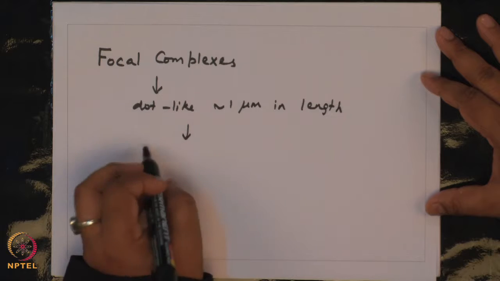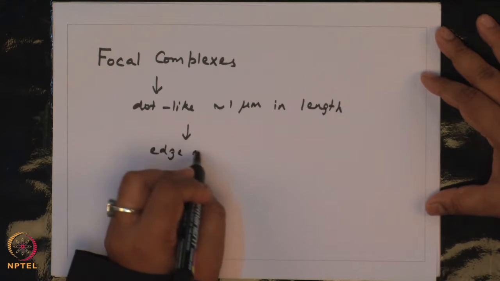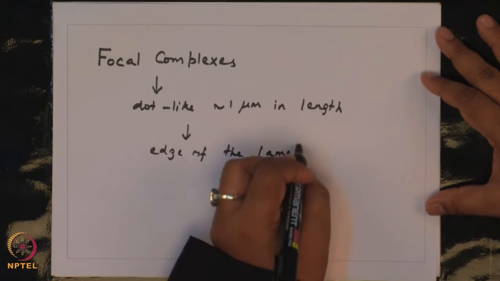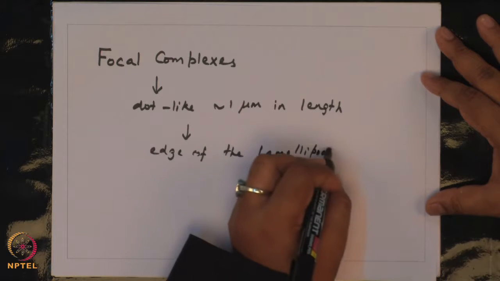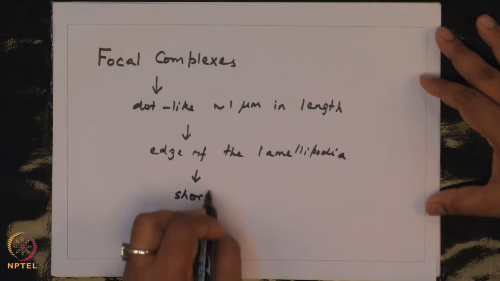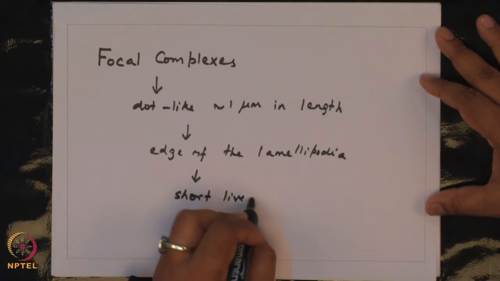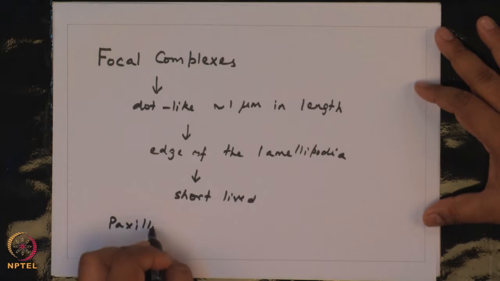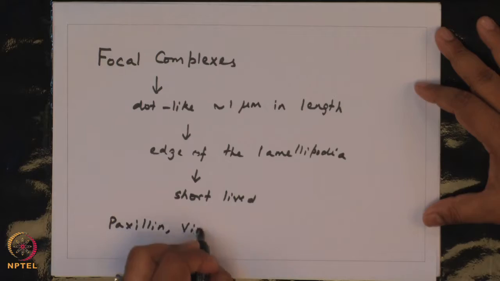They are present at the edge of the lamellipodia, and these are typically short lived. In terms of composition, they have focal adhesion proteins like paxillin and vinculin present in them.